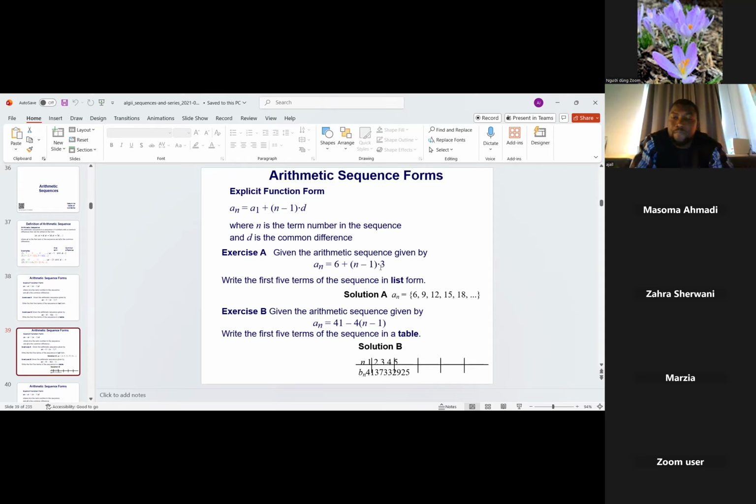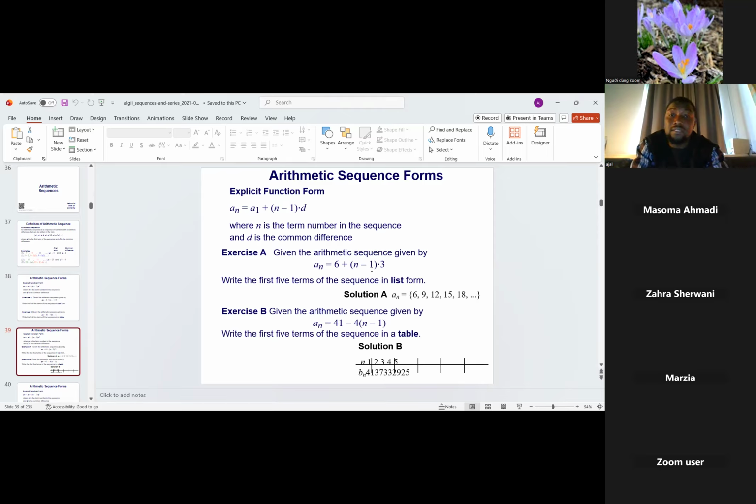For example, if I ask you to find the 99th term, a99, you just put 99 in the place of n. That will be 6 plus (99 minus 1) times 3. 99 minus 1 is 98, and 3 times 98 is 294. 294 plus 6 gives you 300.